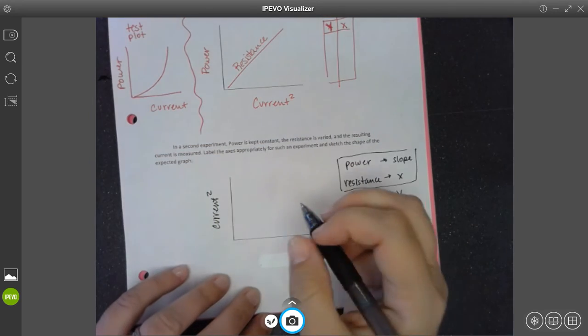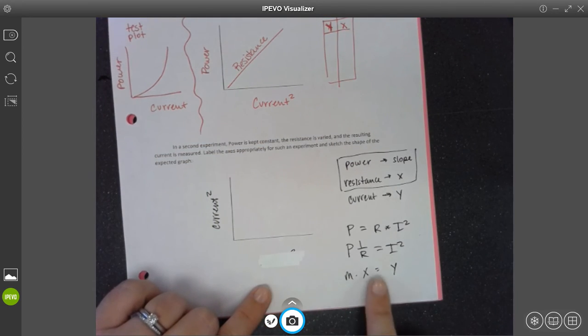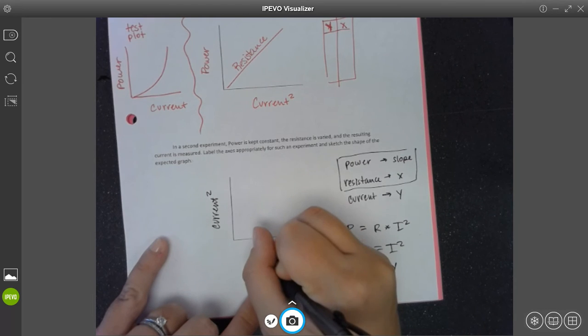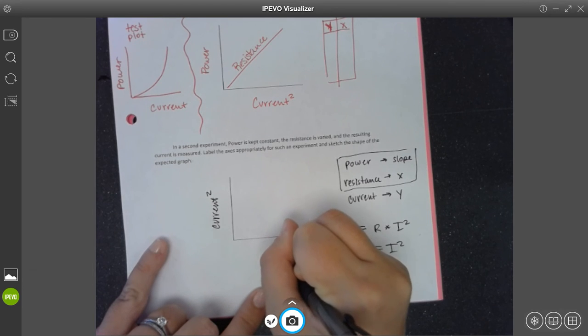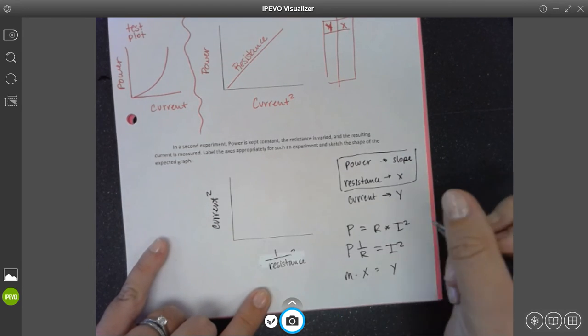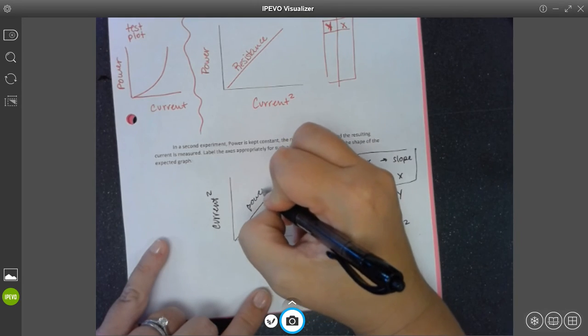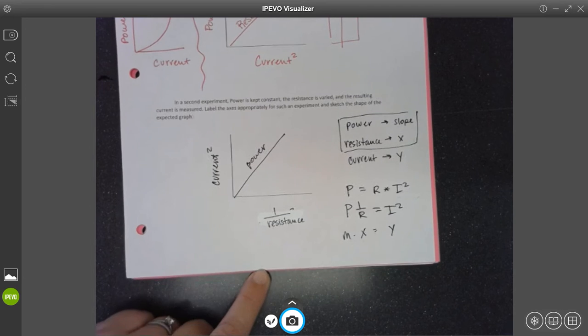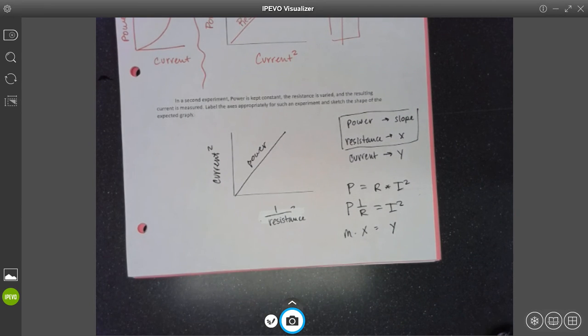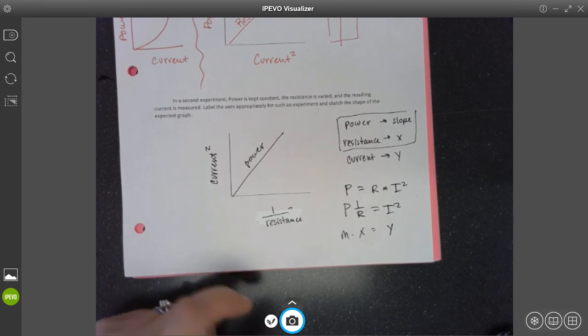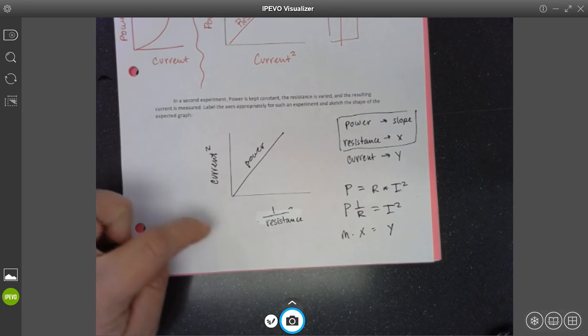Current squared goes on the side. Over here, my x is 1 over resistance. And then my straight line is going to be power. This one's a mess, right? That's what I would go with. I wouldn't try to go backwards and set it up so it's just current and resistance.